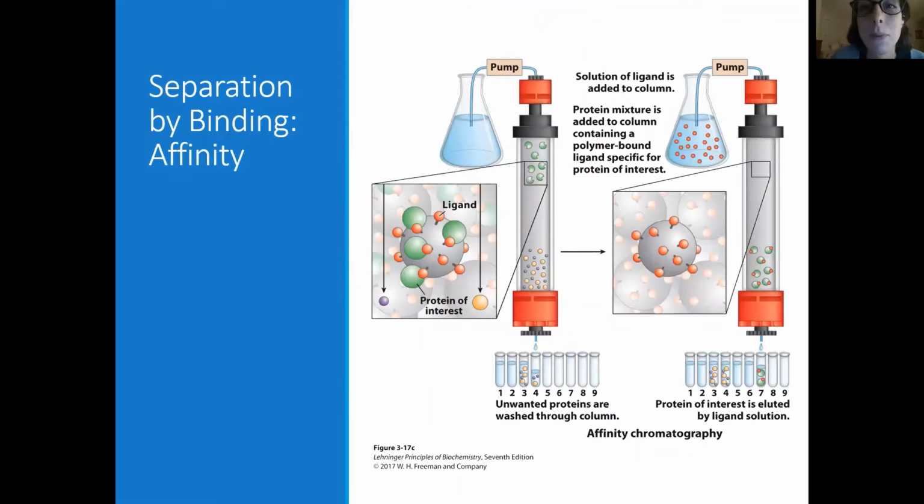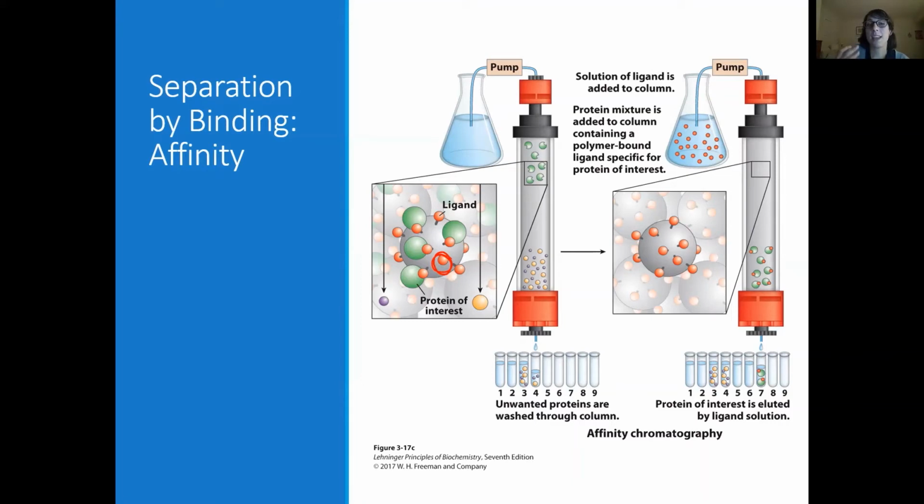Lastly, there is a type of column chromatography called a binding affinity or just affinity chromatography. In this case, the actual column itself is already loaded with a particular type of resin that has a special molecule attached to it, a molecule that the protein is known to bind.